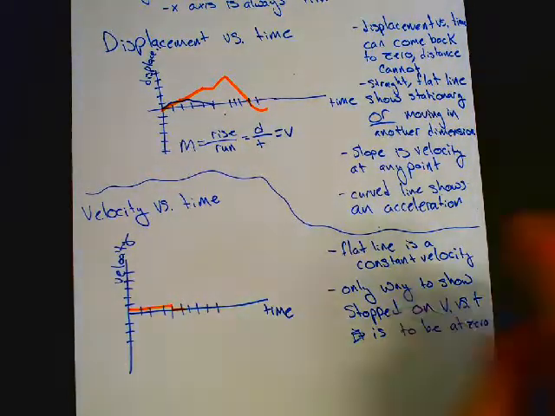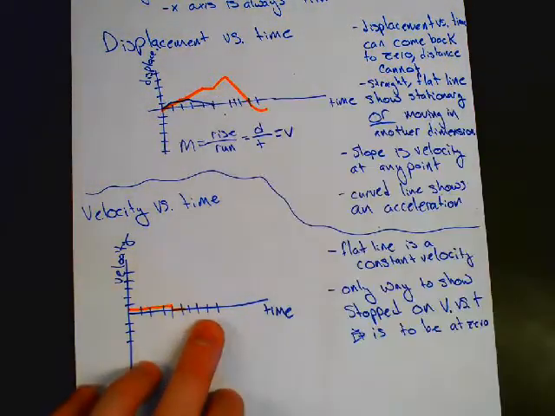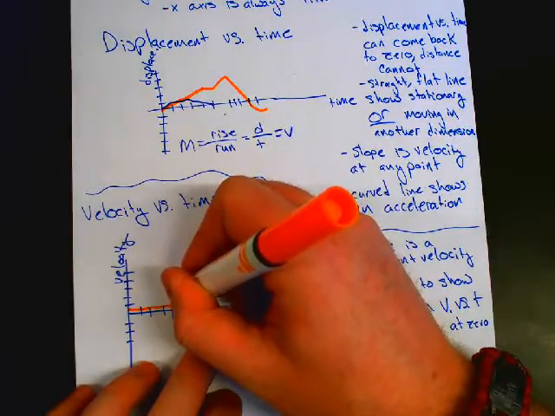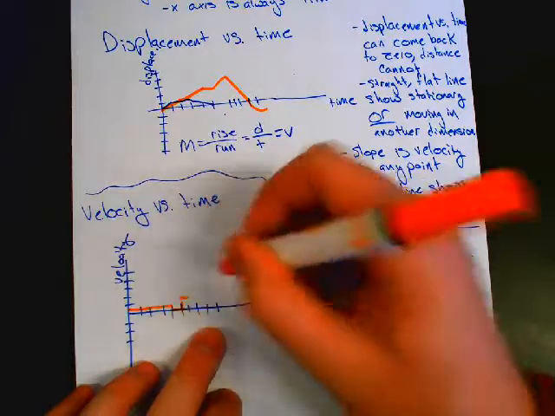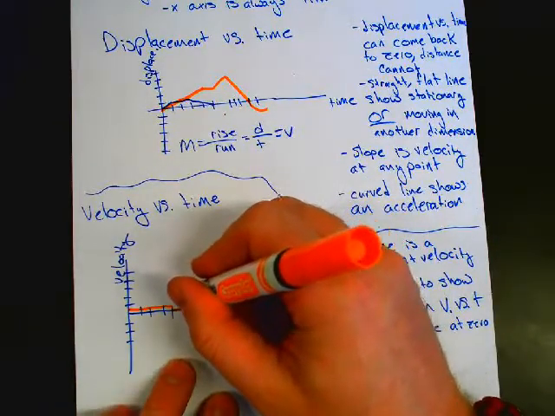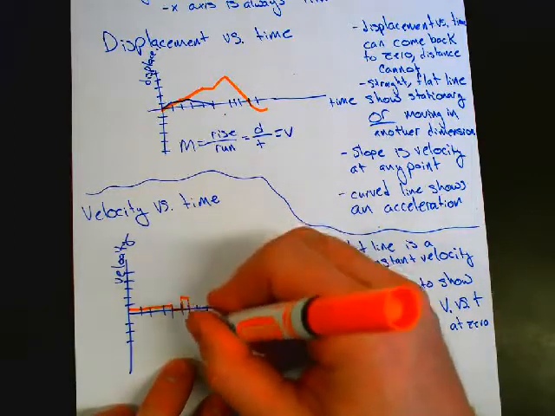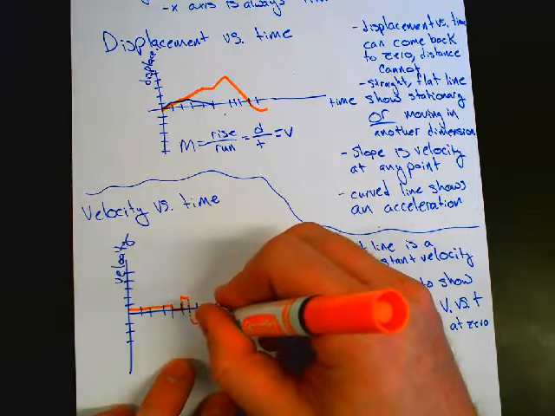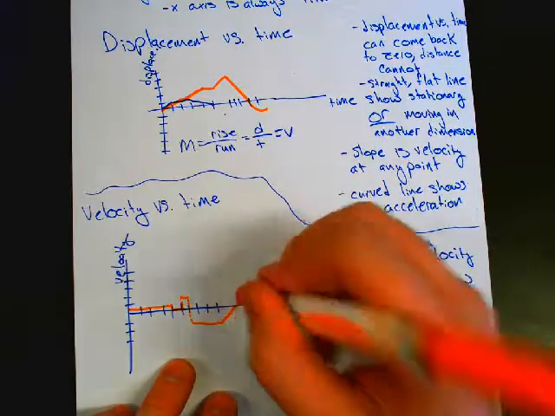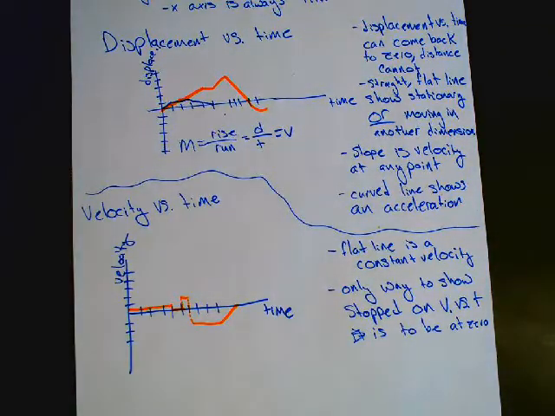All right. Then I went back up to a 1 meter or 1 block per second speed for 1 second, and then I changed to a negative value for 3 seconds, and then I came to a stop. All right.